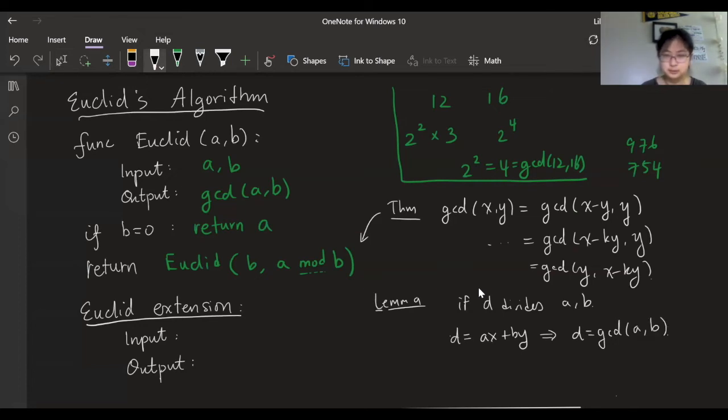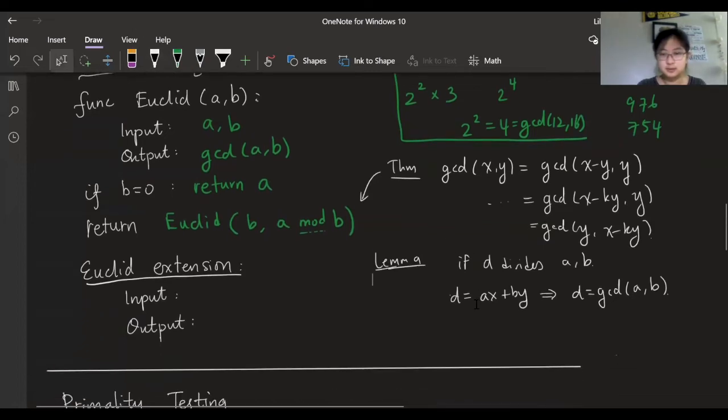So this, I don't know, looks like someone just pulled it out of thin air, but you can convince yourself of this, or you can read about it in the textbook. It's a very beautiful thing. Essentially what this says is, once you have this greatest common divisor, you can take linear combinations of A and B to make that greatest common divisor.